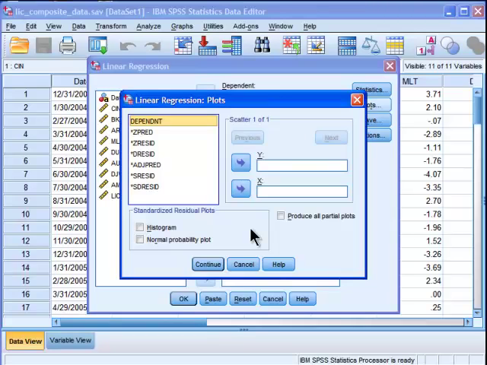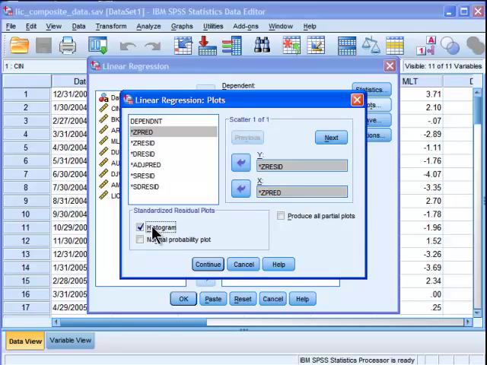So basically, the strength of the prediction of the regression equation should be equally strong across all levels of the independent variable. One way to look at that is to plot the Z residual on the y-axis and the Z predicted on the x-axis. It'll produce a plot, and I'll explain what we should be looking for in that plot.